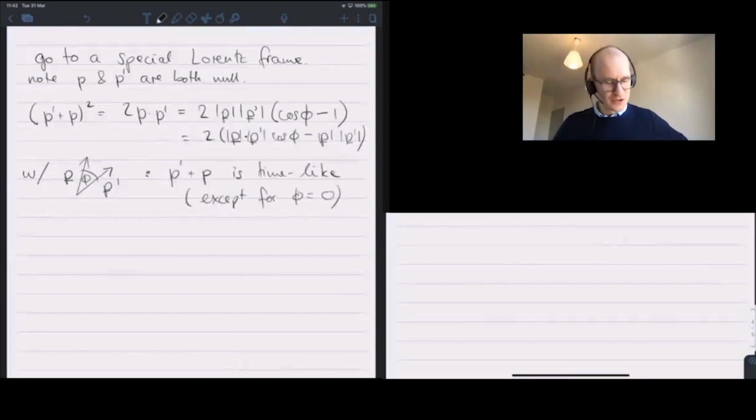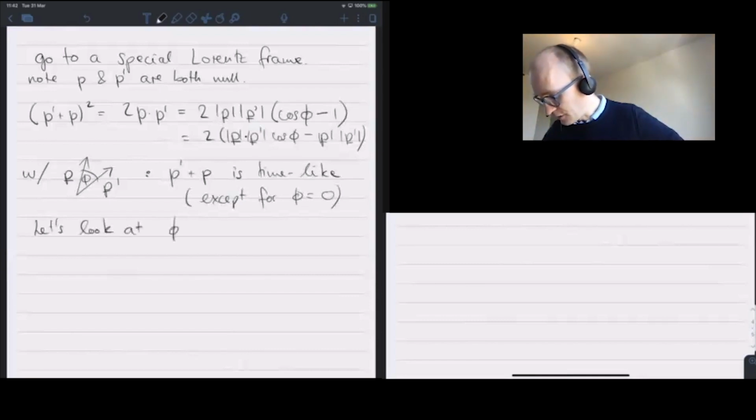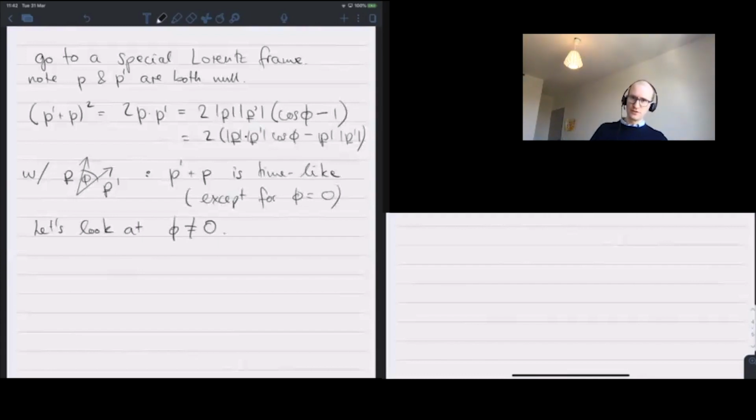So we will now proceed by looking at phi non-zero. One can actually directly do the phi equals 0 analysis as well, and it won't change our conclusion. I don't want to go through it, but it would be crazy if we had to change our conclusions for just one kinematic configuration.